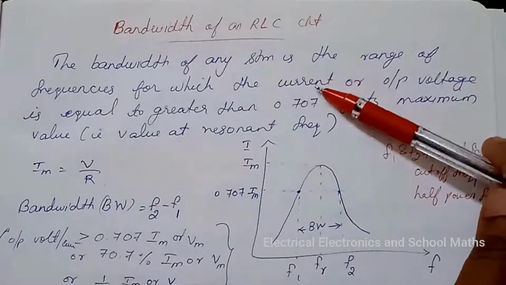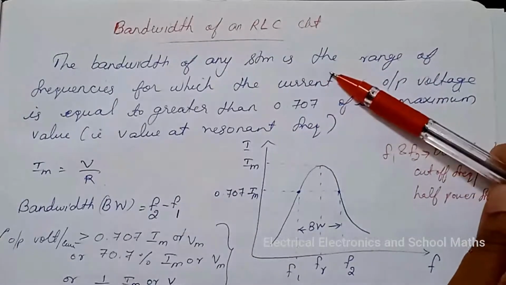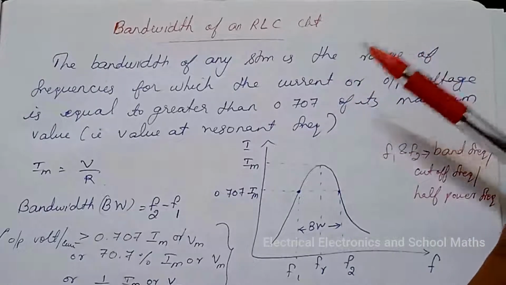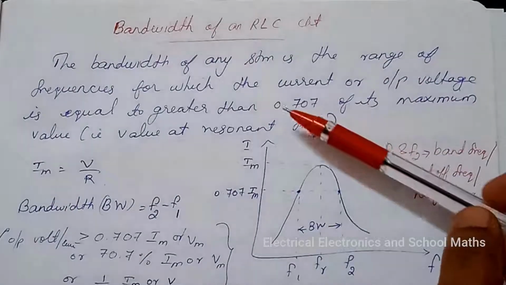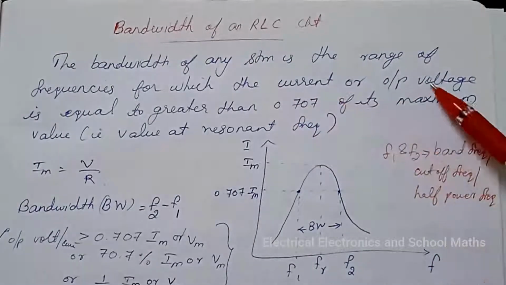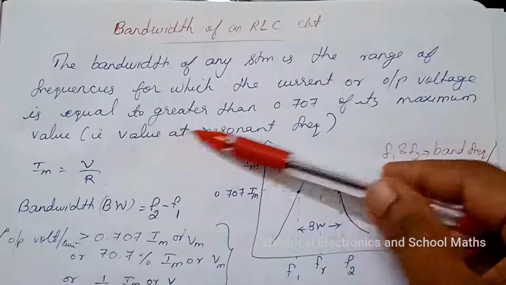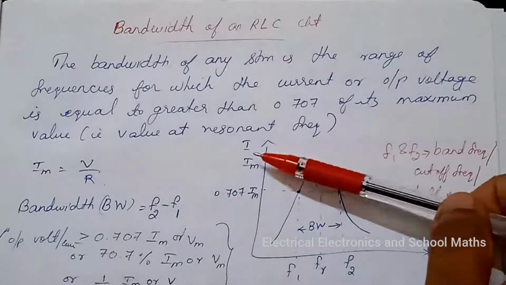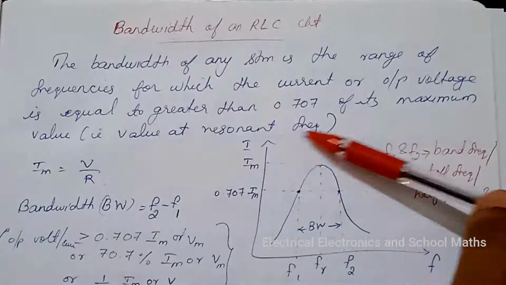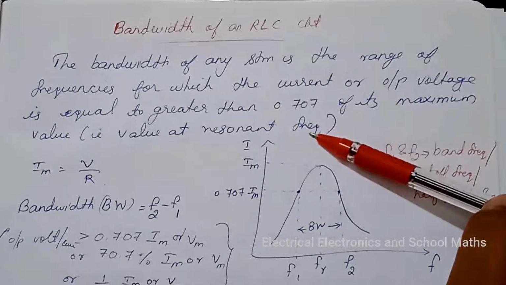Now let us study the bandwidth of an RLC circuit. The bandwidth of any system is the range of frequencies for which the current or output voltage is equal to or greater than 0.707 of its maximum value, that is the value at resonant frequency.